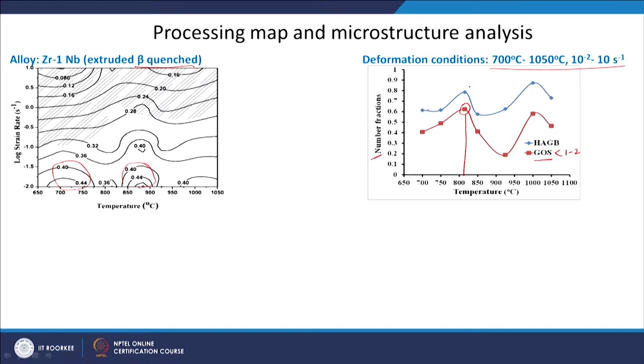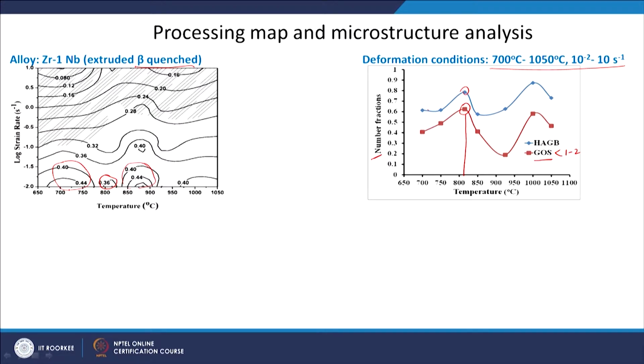That is again showing the same trend, with a very high value of 80% at this particular condition. But on the processing map, at this condition, my efficiency is not that high, it is only 36%, whereas when these values start coming down, there you see more efficiency, 0.44, similarly here.